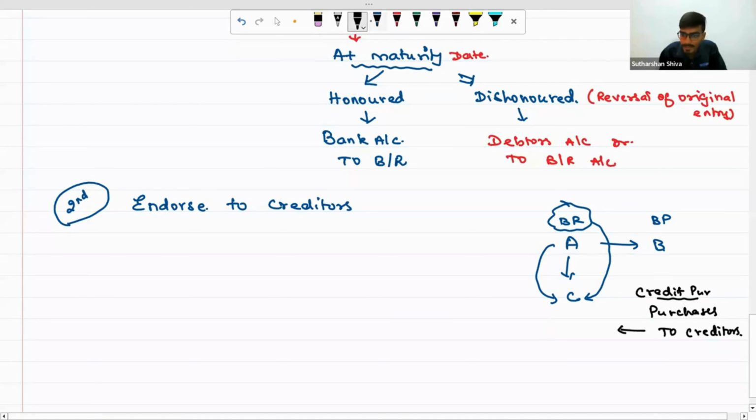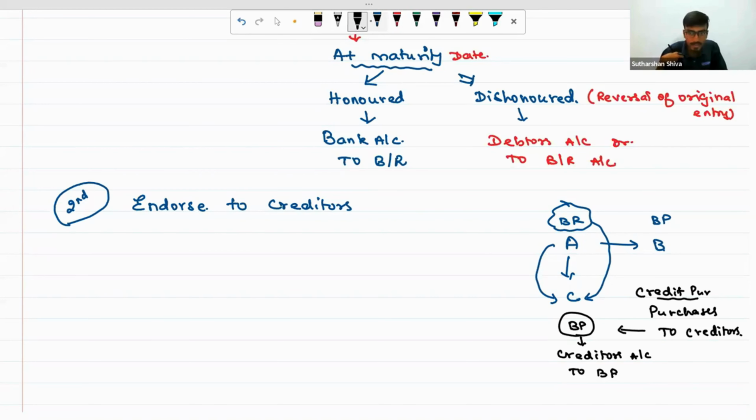For that purpose, I have received my bills payable. At the time of bills payable, what is the journal entry I should pass? My creditors balance I am going to write off, to bills payable. This is the journal entry I will write off. Now, from the point of view of A, C is a creditor. Now I am going to cancel my creditors by transferring this bill.